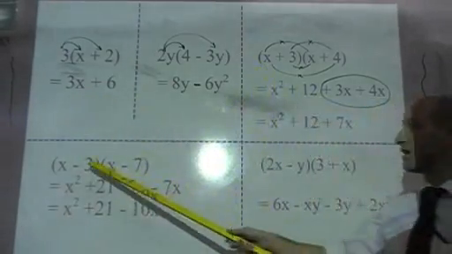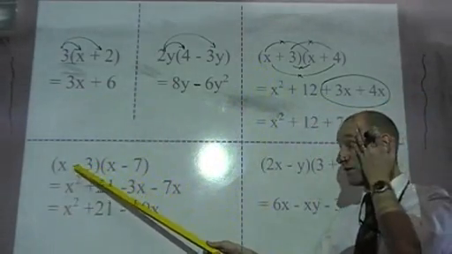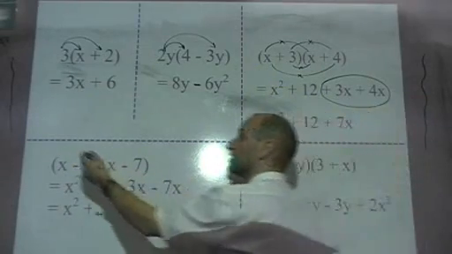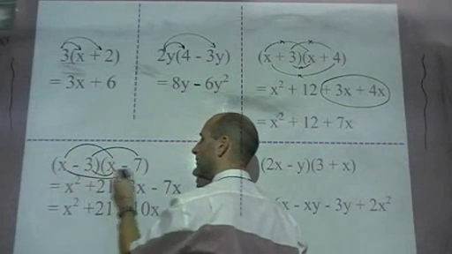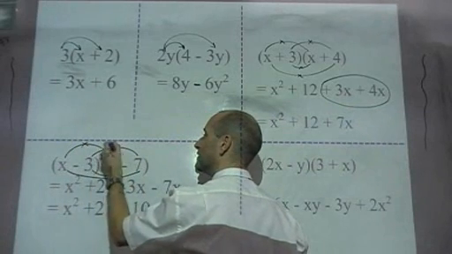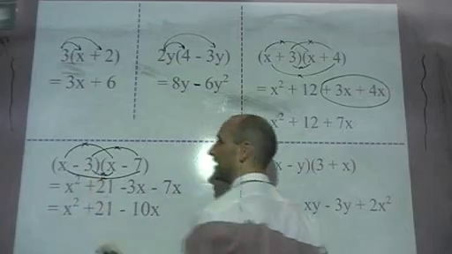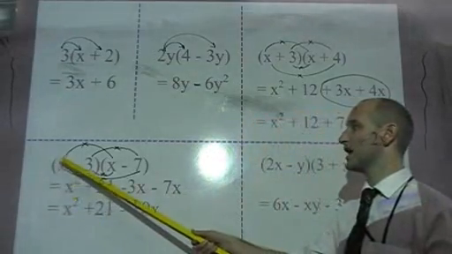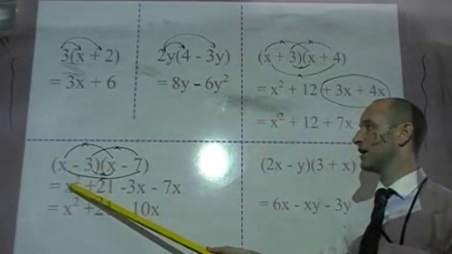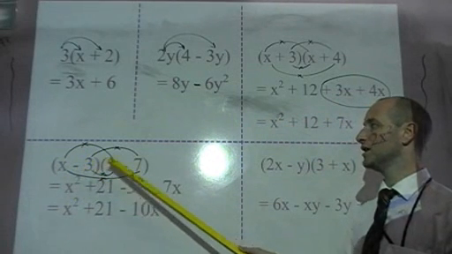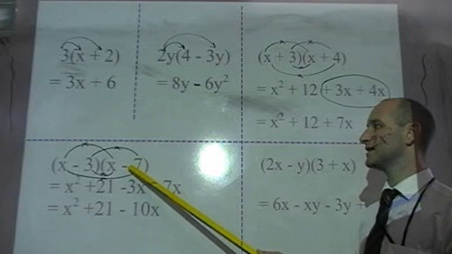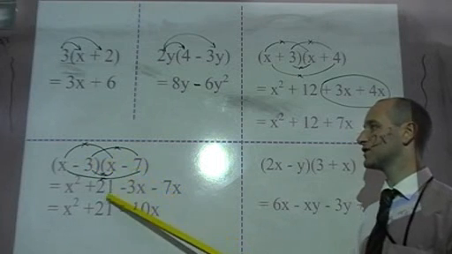Now, you need to be careful if you have negative numbers in here as well. Same method, draw my eyebrow, my nose and my mouth. I love them, so I put little kisses on, and then I multiply across. x times x is x squared, minus 3, negative 3, multiplied by negative 7. 3 times 7 is 21.